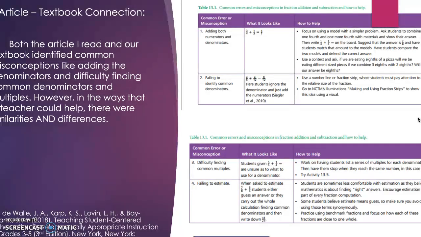If kids don't know what the fractions mean and can't estimate a good answer, then they're not going to be able to understand that the answer they get when they add and subtract is right or wrong, because they can't estimate what it should be. So the misconceptions and errors were the same in the text as they were in the book, but then the ways of how to help, the book tended to be way more procedural, where the article was more manipulative and hands-on.